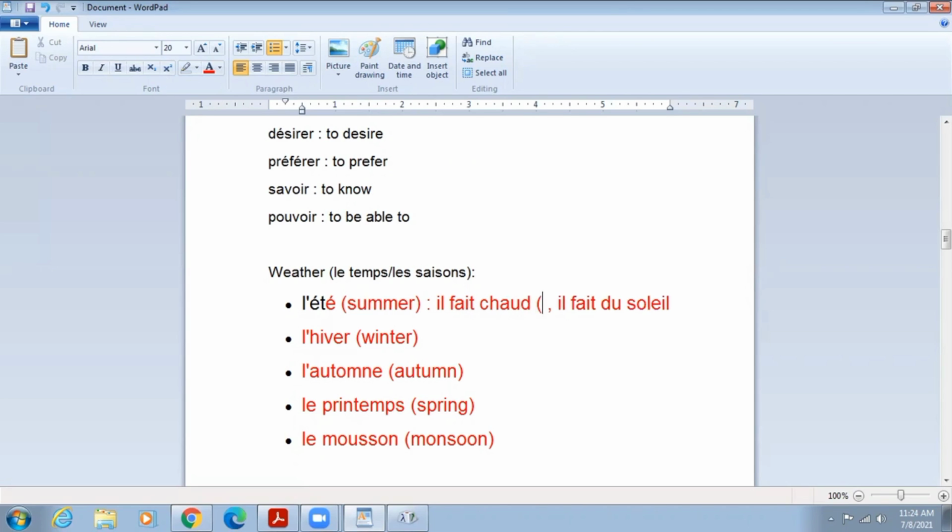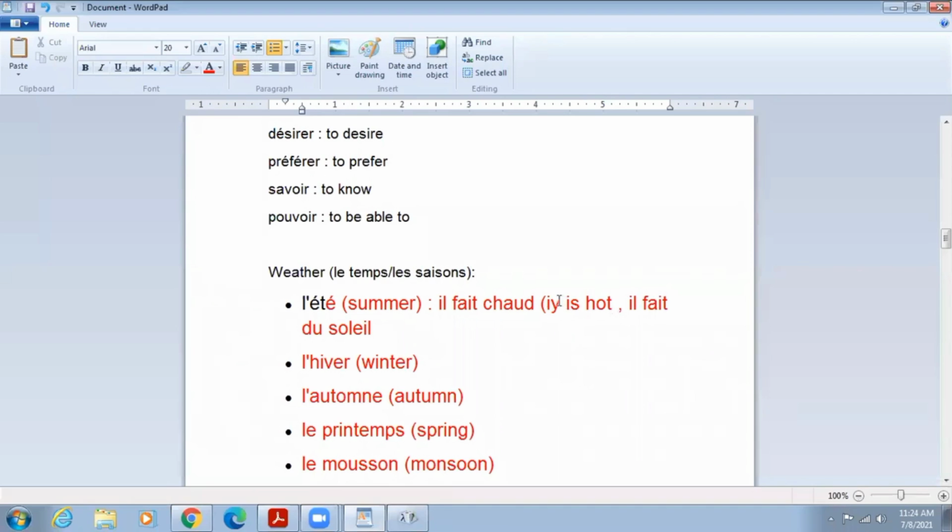L'hiver: we normally use the faire verb with the pronoun il when you want to talk about weather. Il fait froid. Il neige.